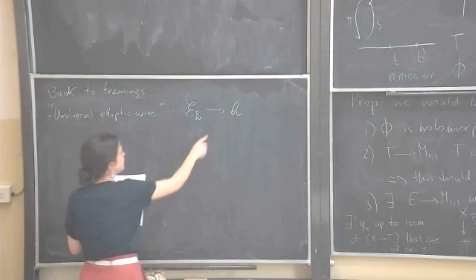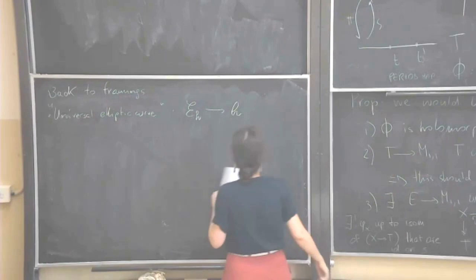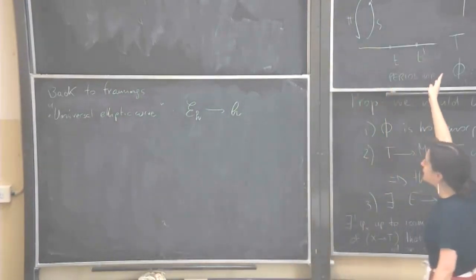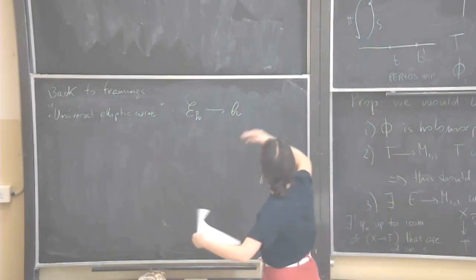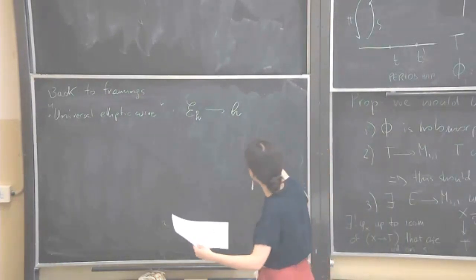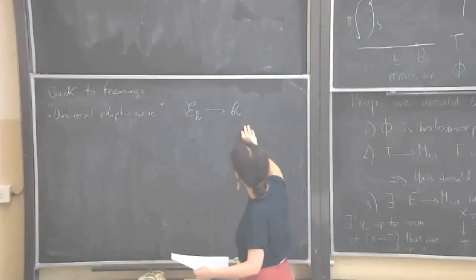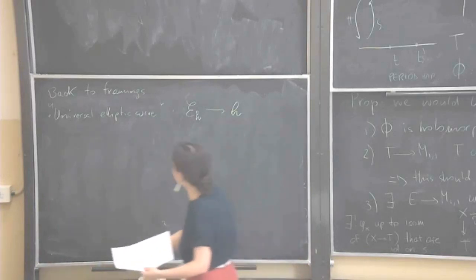Okay, so this is our base now. And we want to construct our space. So we want some complex manifold with a projection such that the fiber over any point of H is an elliptic curve.